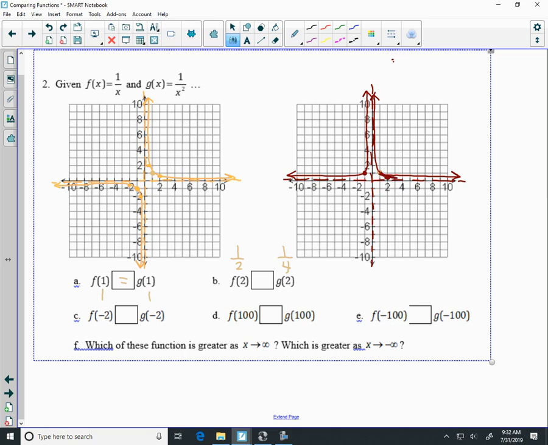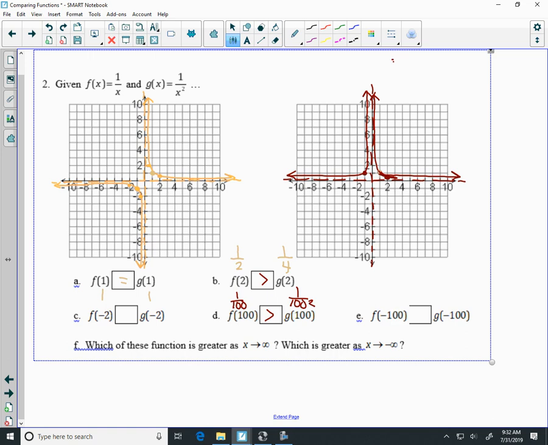So already at 2, f of x is bigger than g of x. And that's going to continue. Let's just keep talking about the positives there. As we go out to 100, f of x would be 1 over 100, and g of x would be 1 over 100 squared. So f of x would be bigger.